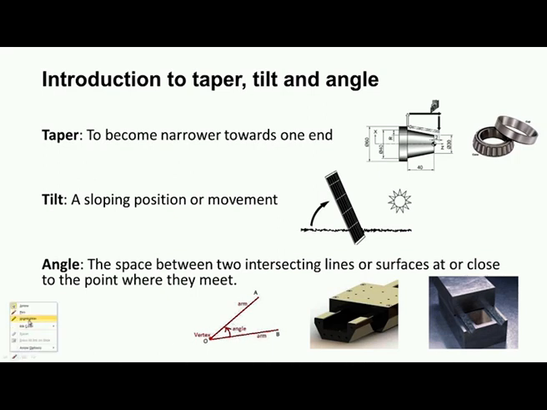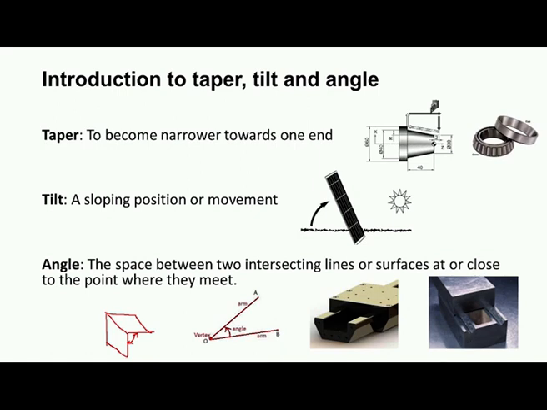Similarly, we can have two surfaces. So, we have one surface like this and another surface. This space between these two surfaces is called angle.